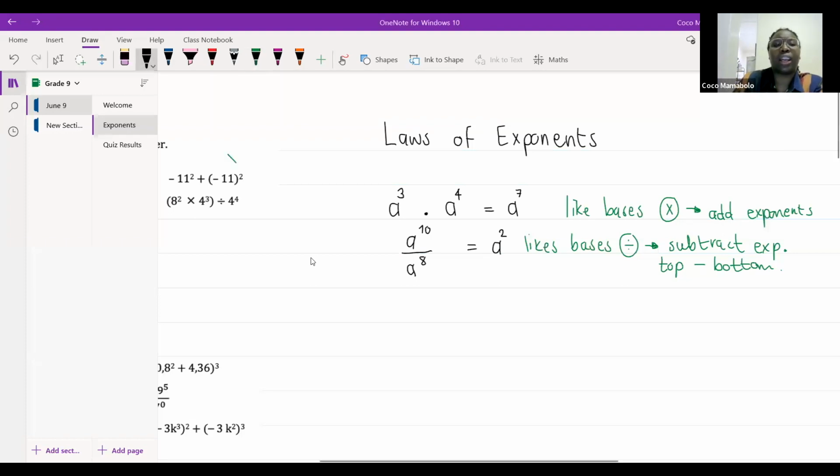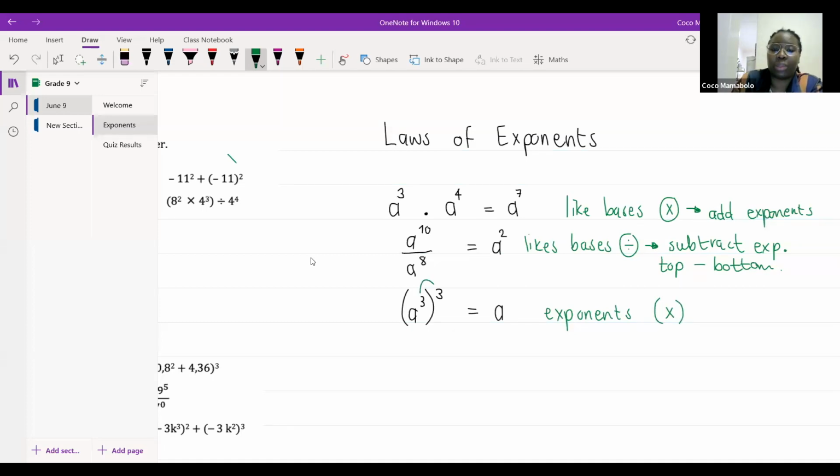All right, let's look at another one. If I've got some number A to the power of 3, and all of this is to the power of 3, what is this going to give me? I'm going to keep my base, and what's happening to my exponents? Good, they are being multiplied. But we're not actually multiplying, guys.